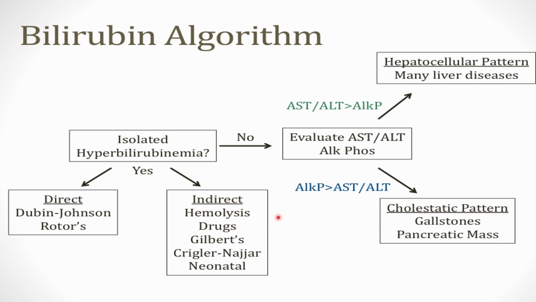So we look into the liver enzymes. If AST-ALT is elevated more than the alkaline phosphatase, it is probably hepatocellular. Whereas if alkaline phosphatase and gamma glutamyl transferase are elevated more than the AST-ALT, it is probably a cholestatic pattern. Thank you. That's all for today's session.